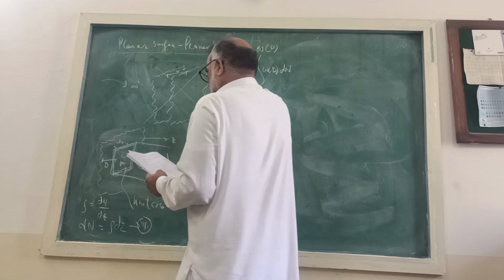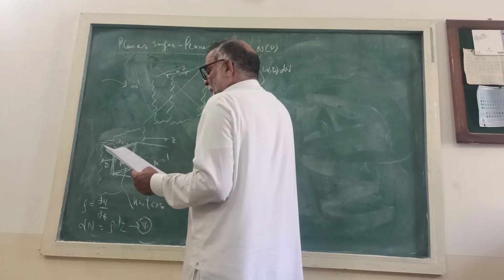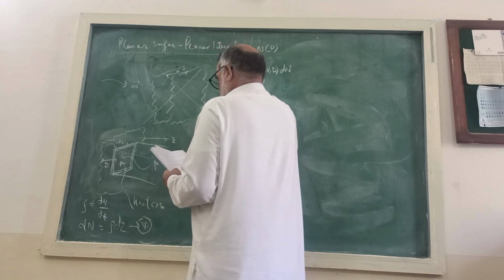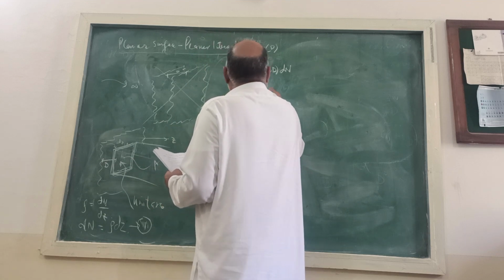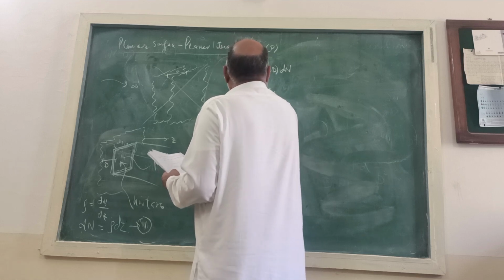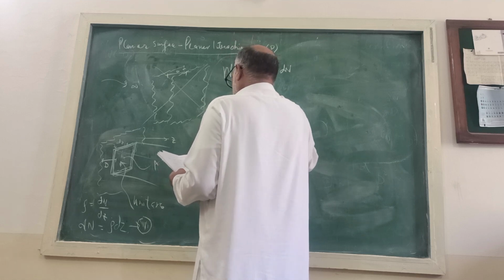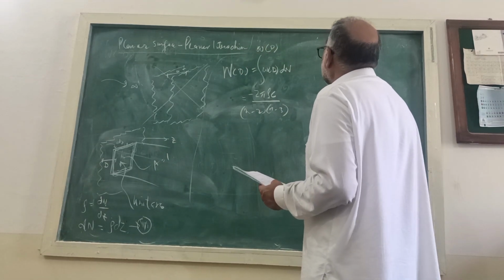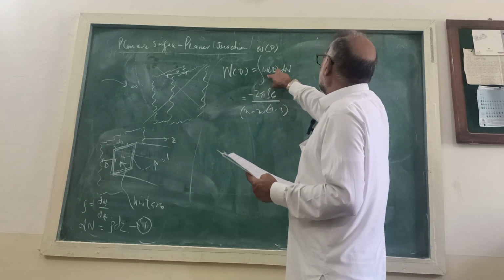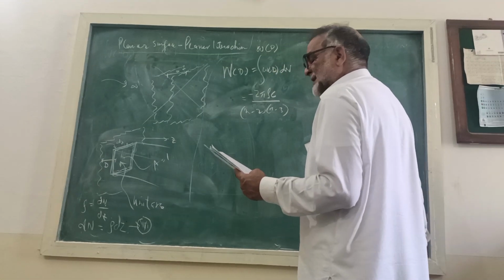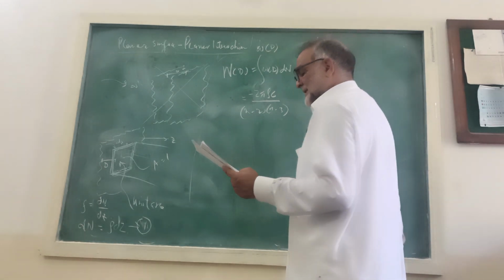Okay, we know the interaction energy between a ring type of surface, by putting the value of omega of d and the value of n, right?